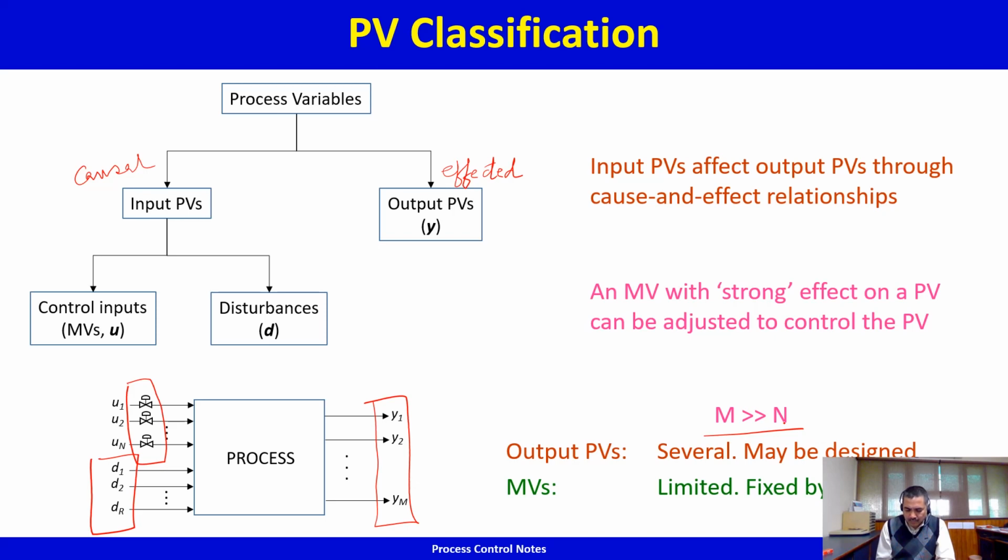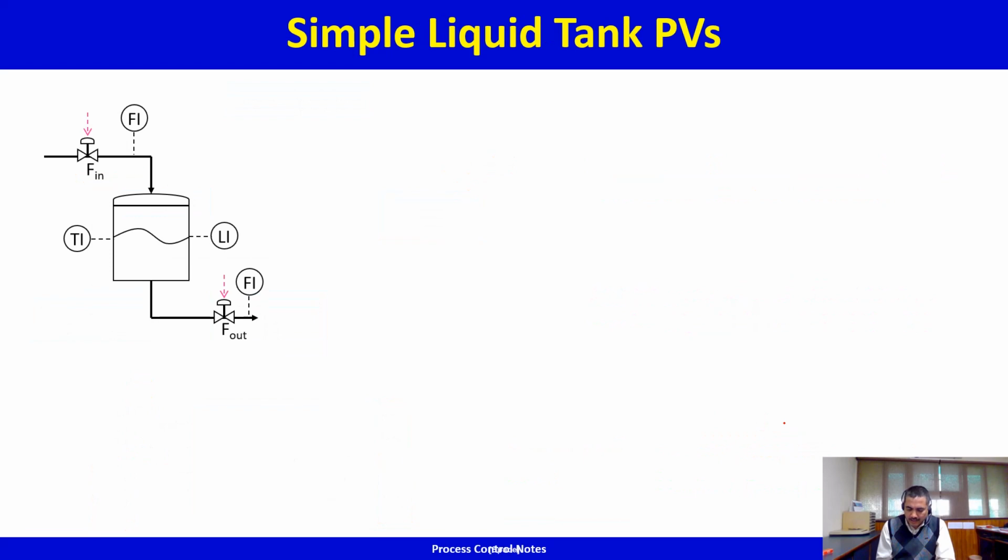Now, just to fix ideas on input process variables, output process variables, and so on and so forth, let's take a very simple liquid tank. So what you have is a liquid stream coming in. The tank is filled with liquid and there's a stream going out.